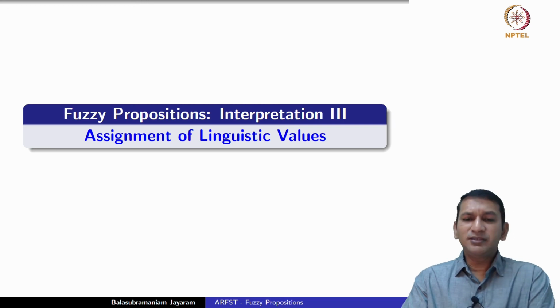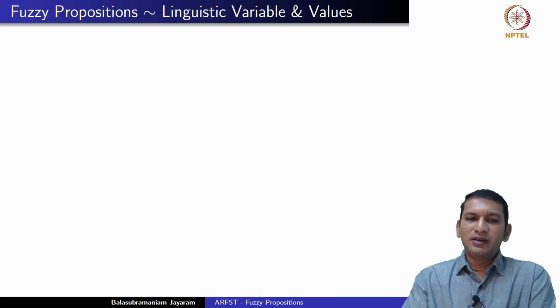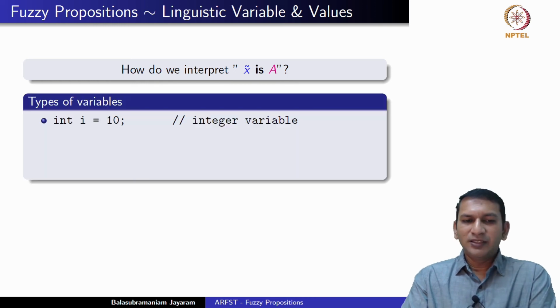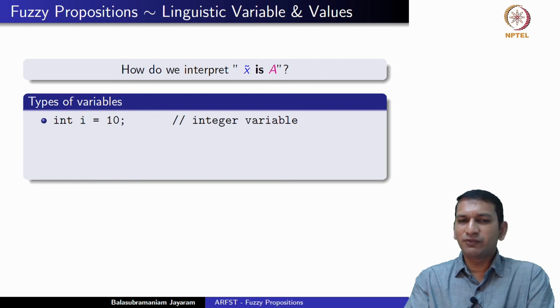There is also another way to interpret fuzzy propositions, as assignment of linguistic values. What do we mean by this? So now, for this particular case, we have actually color coded the statement x tilde is A. Now, look at typical computer programming languages, where we declare variables of different types.